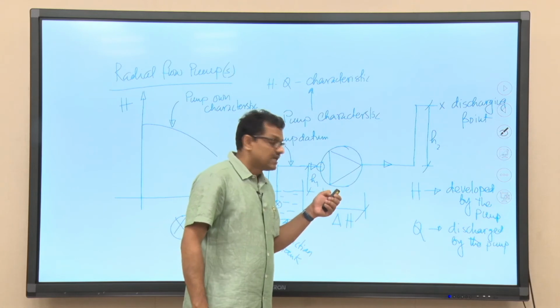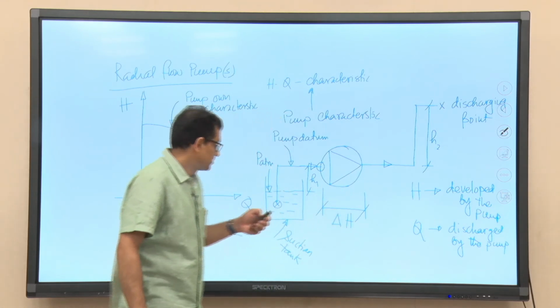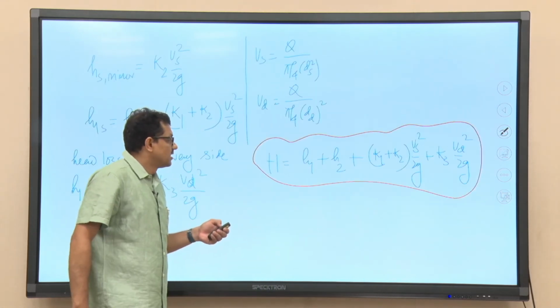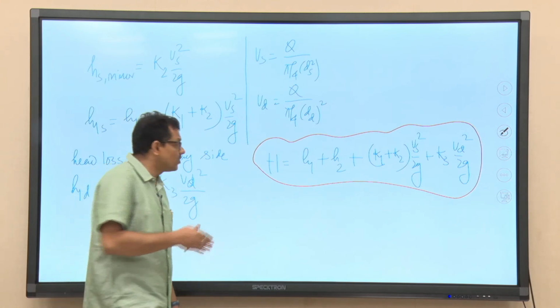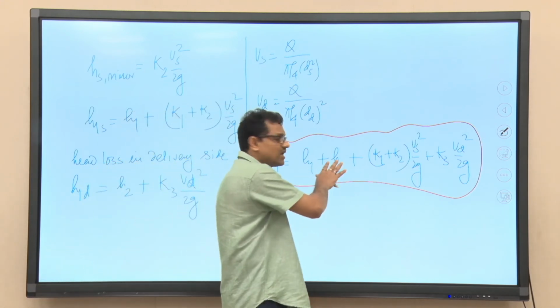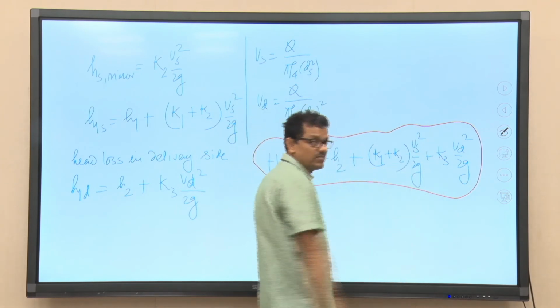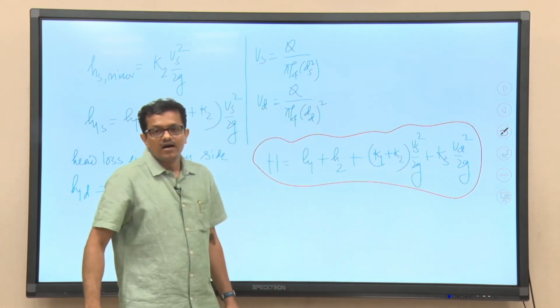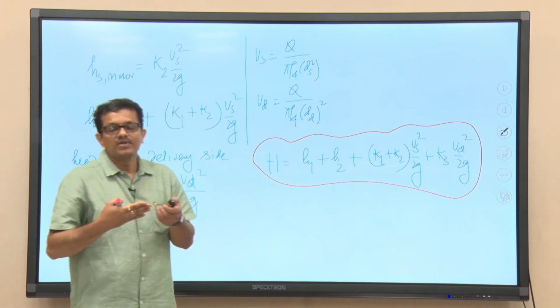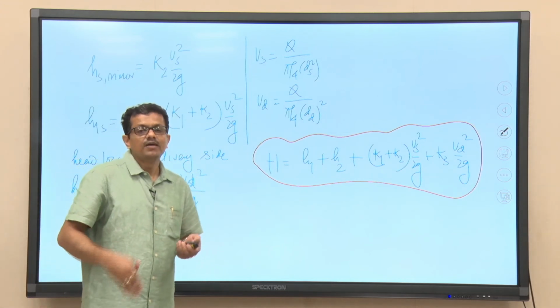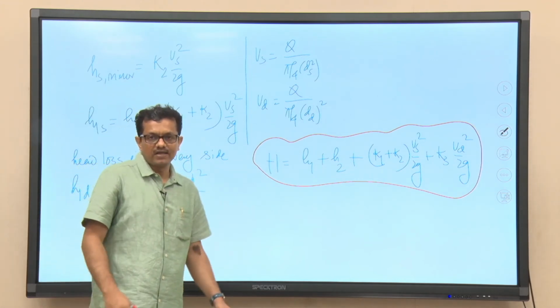If there is a mistake in calculating this, H1 and H2 are fine since we know them, then the system in which the pump will be installed may not work perfectly or correctly.